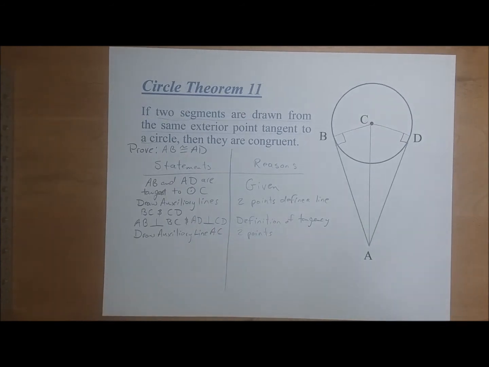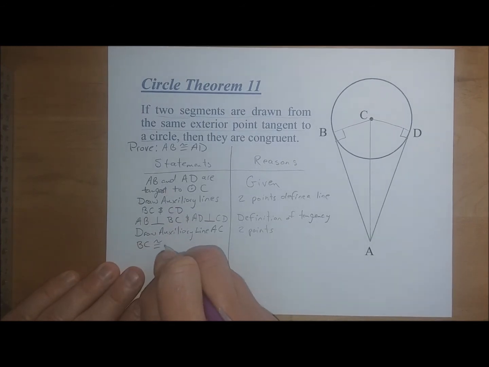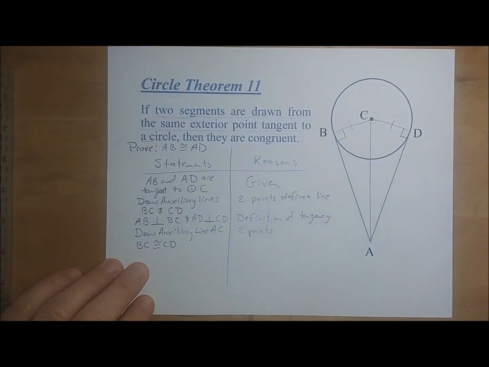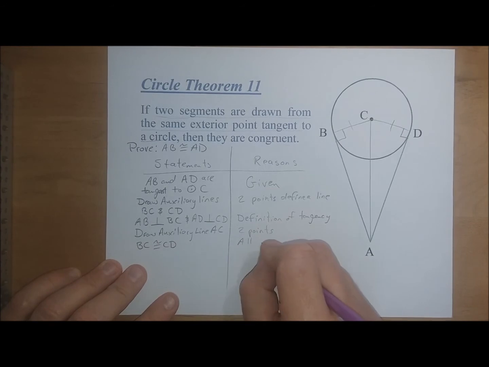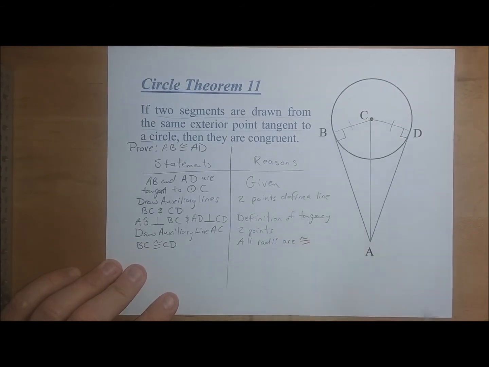I'm thinking congruent triangles. How would I prove that? Are these triangles congruent? How do I know? I'm thinking that BC is congruent to CD. Right? How do I know? All radii are congruent in the same circle.